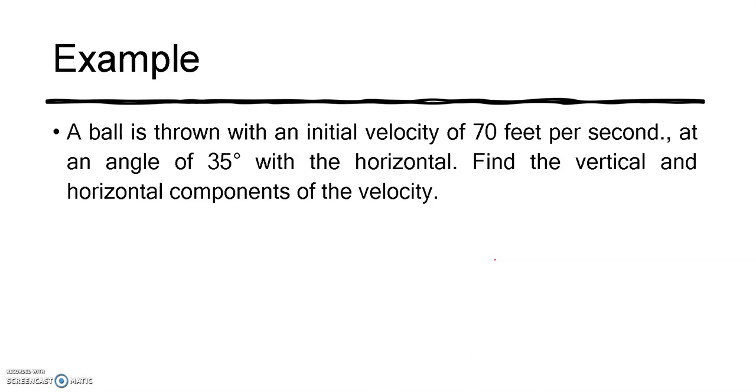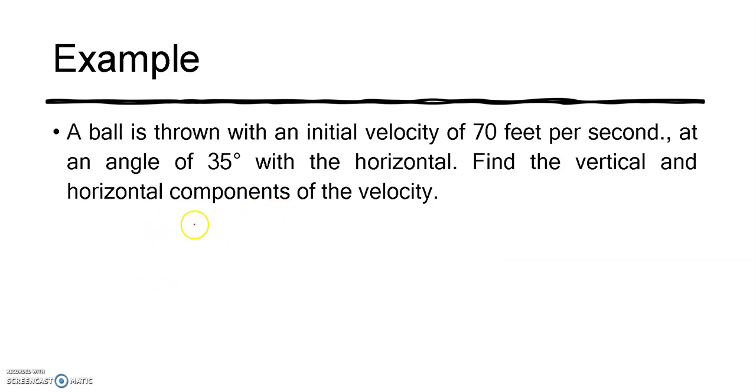A ball is thrown with an initial velocity of 70 feet per second at an angle of 35 degrees with the horizontal. Find the vertical and horizontal components of the velocity. To make this problem easier, you need to draw the vector.